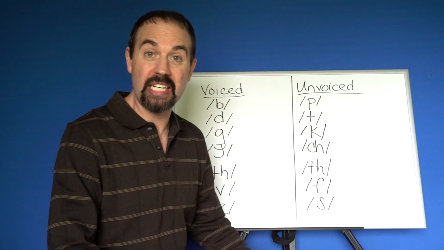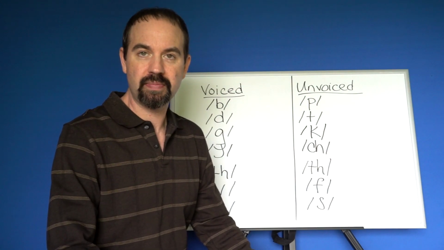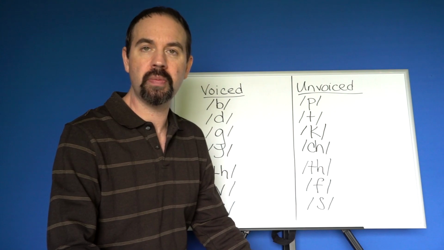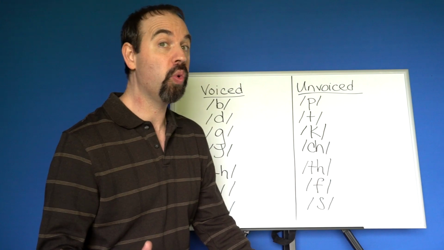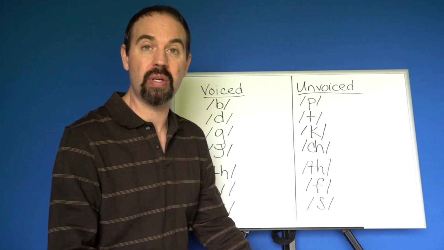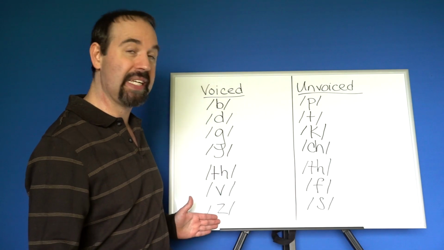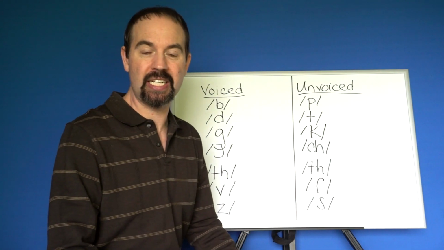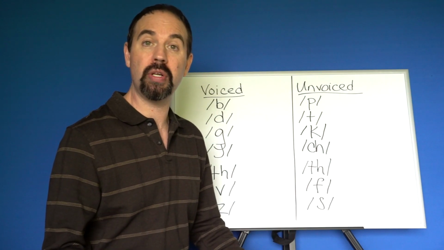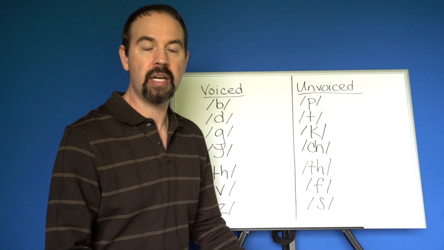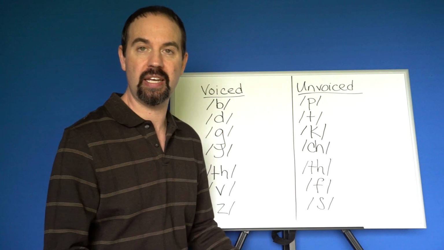The word cheese in English is spelled with an S, C-H-E-E-S-E. But the word is not pronounced with an S sound. It's actually pronounced with a voiced sound, a Z, cheese. Do you like cheese? Cheese would not be the correct pronunciation of the word cheese in English.